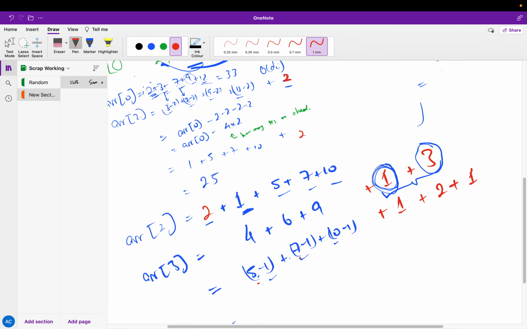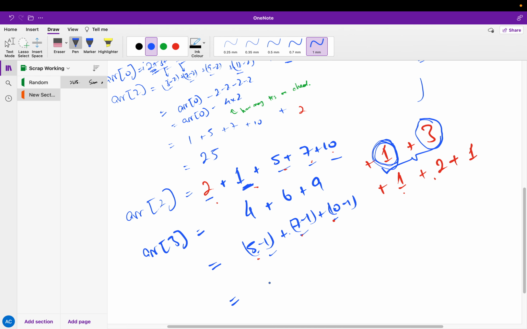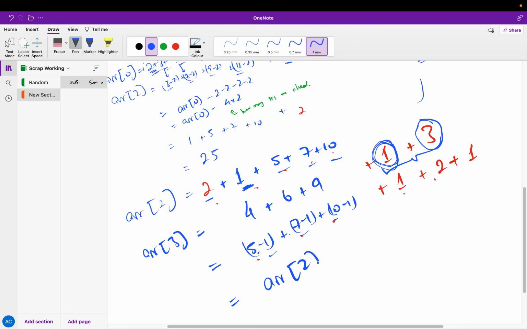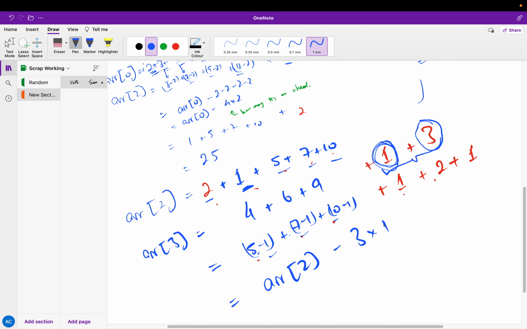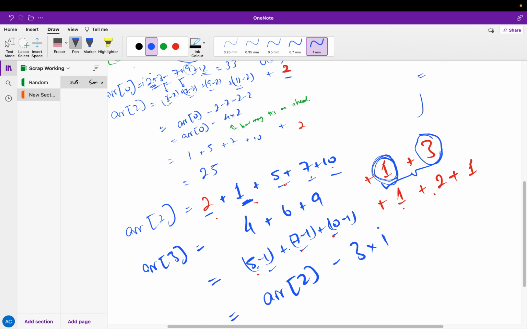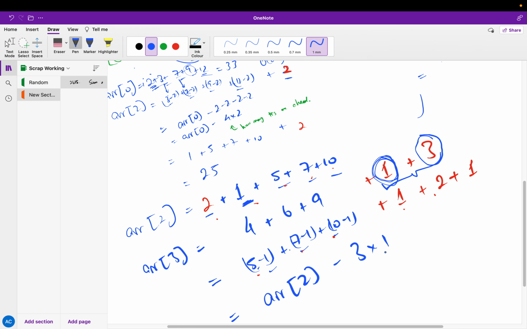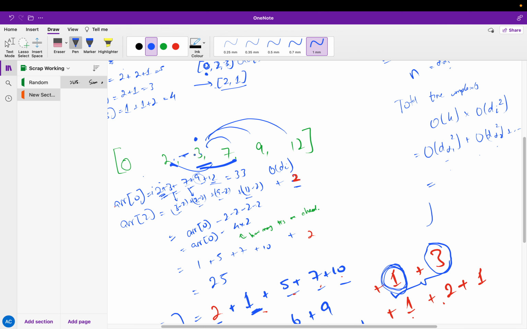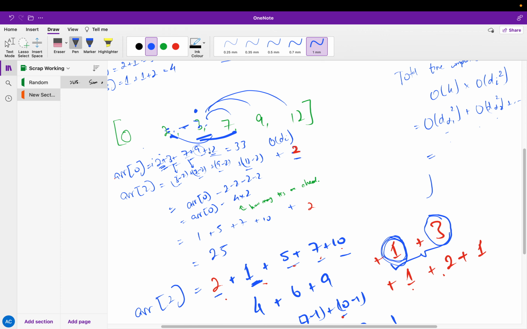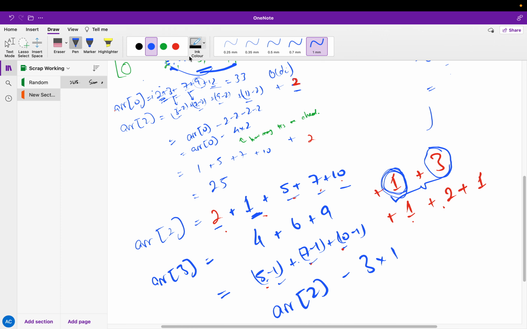So you got 5, 7, 10, 1 and 2, and plus an extra 1. So you have the array of 2 minus 3 times 1, where 3 is how many numbers are ahead, and 1 refers to the gap between 3 and the previous number, and then plus an extra 1.